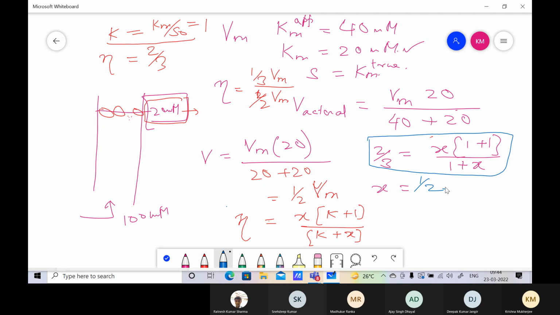So what does it mean if x is equal to half? What does it mean for the Damkohler number? Okay, think about it. What has happened to x?